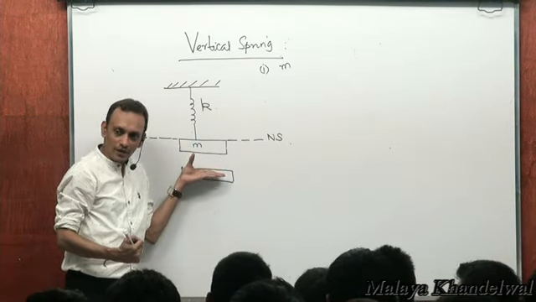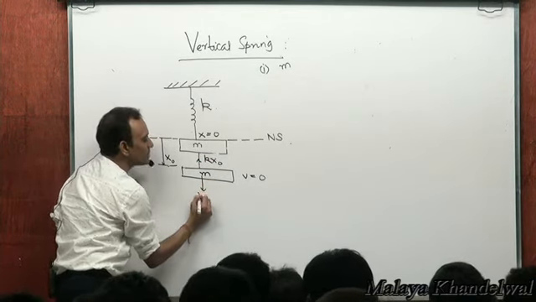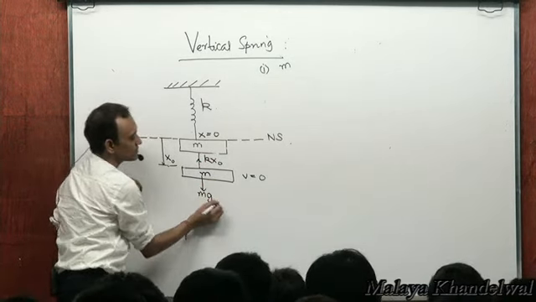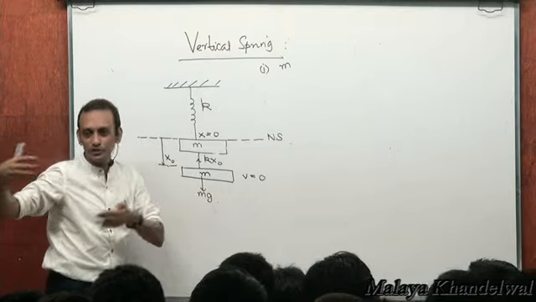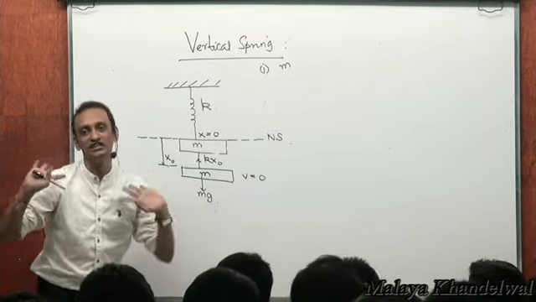This is x equal to 0. Where the spring force kx naught just about balances the weight. At that point of time, it's like a child being groomed. Initially, you give it support, and when it's capable of handling it all by himself, you withdraw the support. At this point you withdraw the support, and the mass will remain in equilibrium.